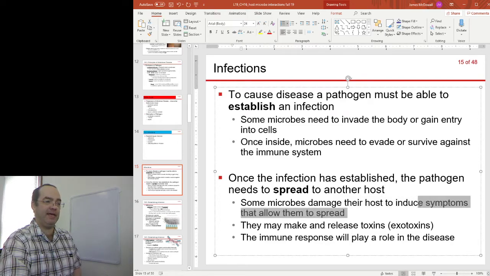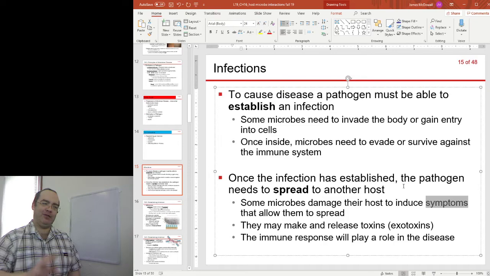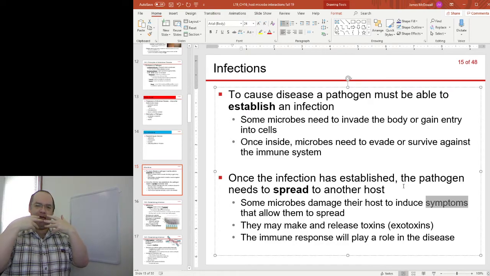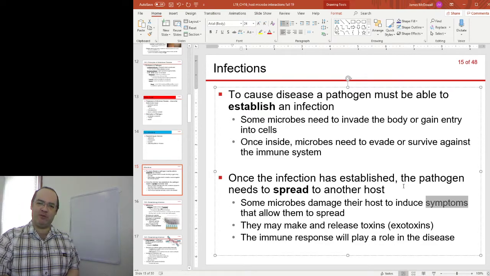Many of the symptoms that we experience in relation to diseases is all about the bacteria getting out of the body. If a bacteria causes an infection that makes you cough or sneeze, or a virus causes a sneeze, that is a mechanism by which the pathogen is expelled from the body.